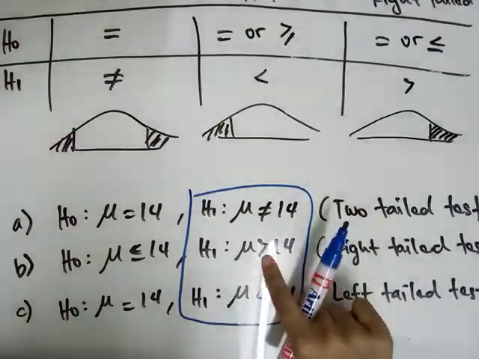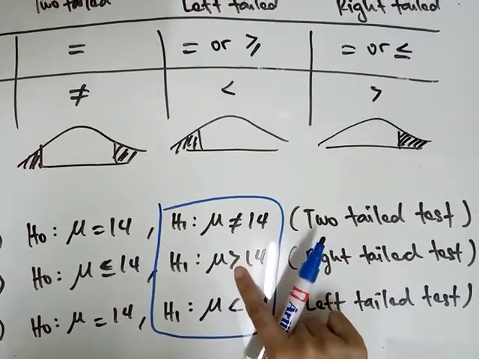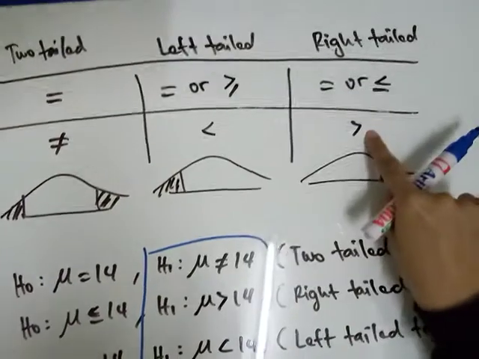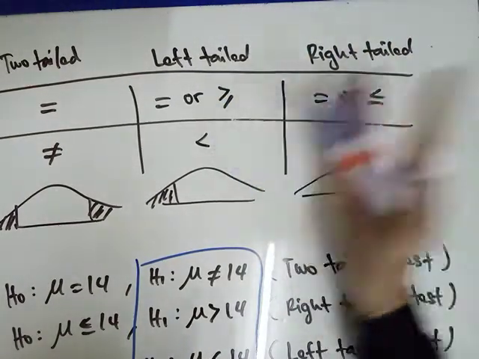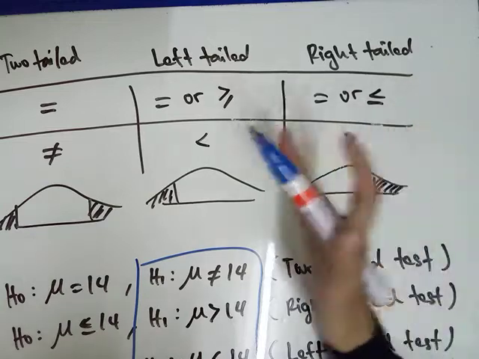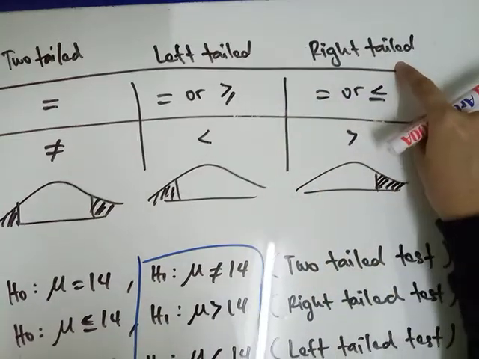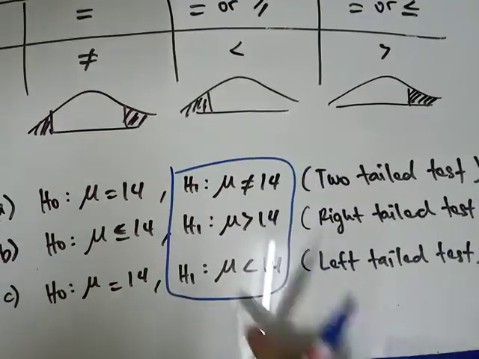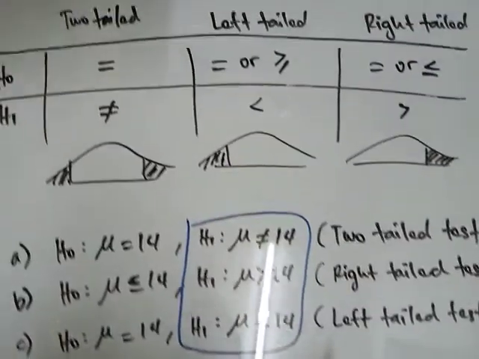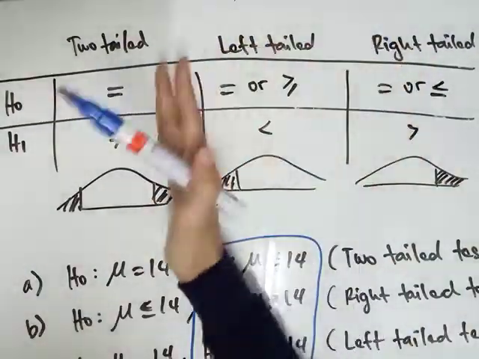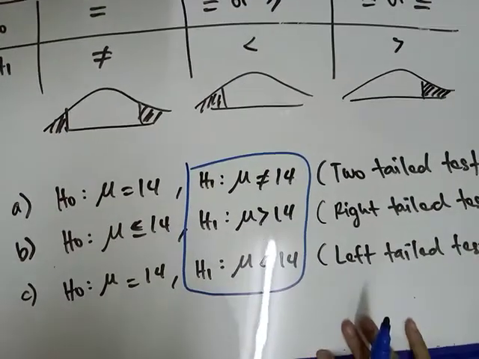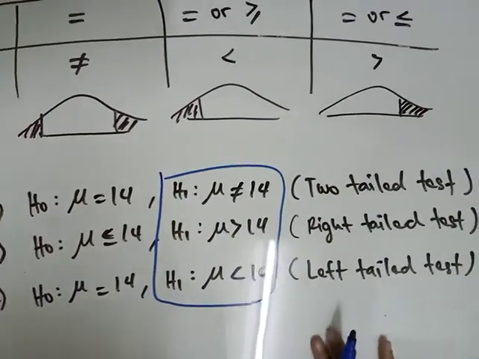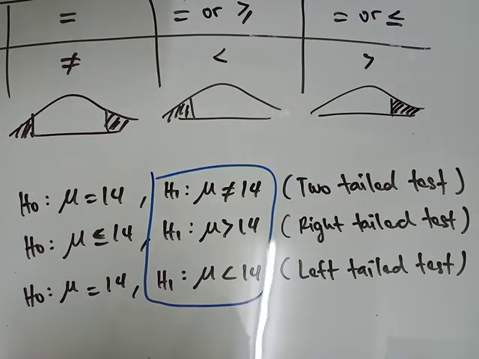When H1 is more than, like B, it is right tail. It's easy to understand because it follows the direction. For C, H1 is less than, so it follows the direction, left tail, less than goes to the left. So to make it easy, look at the sign for H1. Can you understand?